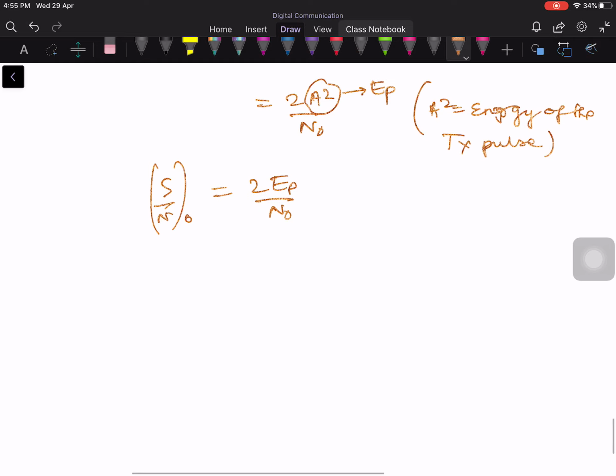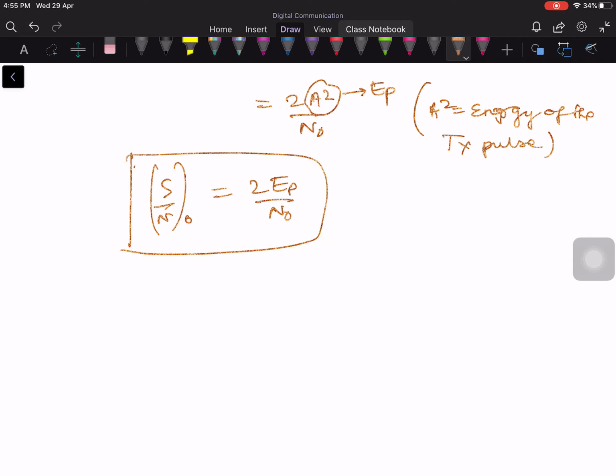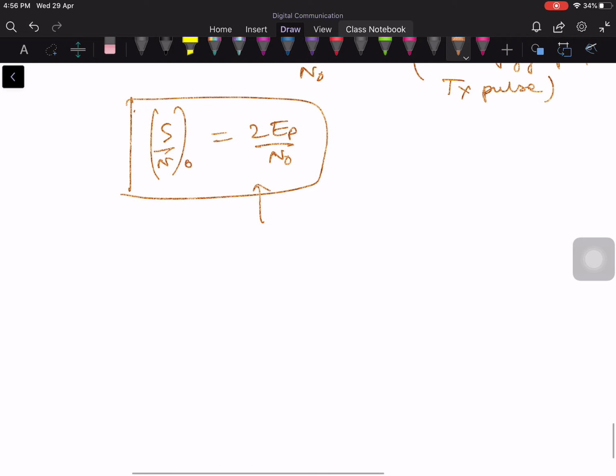This is the expression I really want to write, and there are some important lessons to be learned from this expression and from the previous expression for SNR. Let us see.